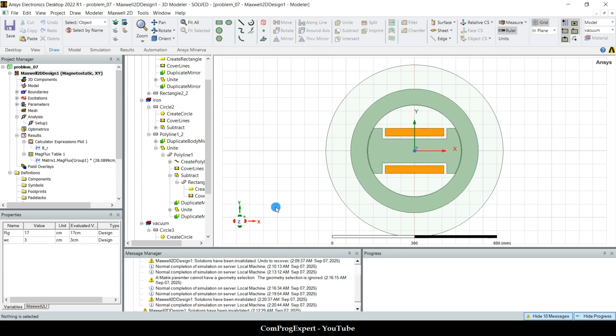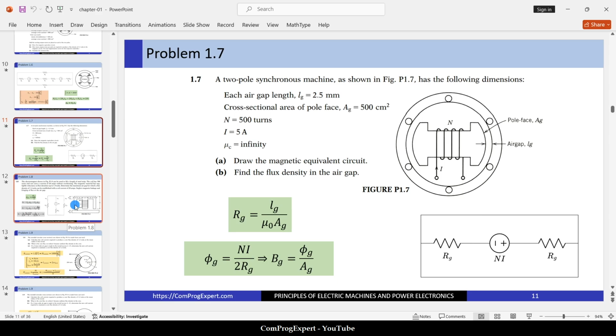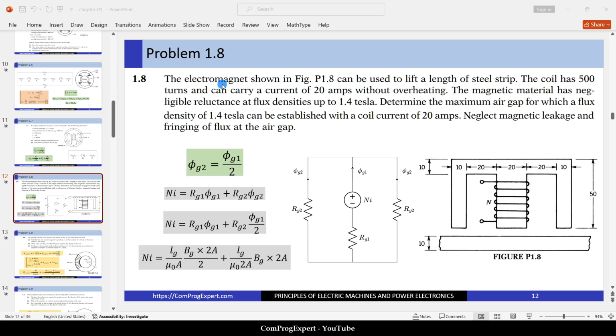So now let's continue and go for the next problem. Okay, so problem 8 of chapter 1. The electromagnet shown in this figure can be used to lift a length of steel strip. This is a steel strip, and the aim is to generate a force and lift this steel strip.